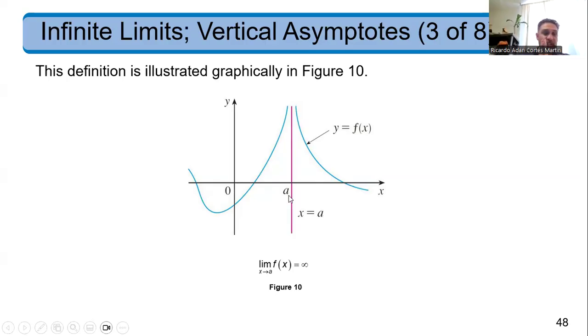An asymptote is a straight line that is associated with a curve, in this case this function, but they never touch. They get as close as you like, but they never touch. That is an asymptote.